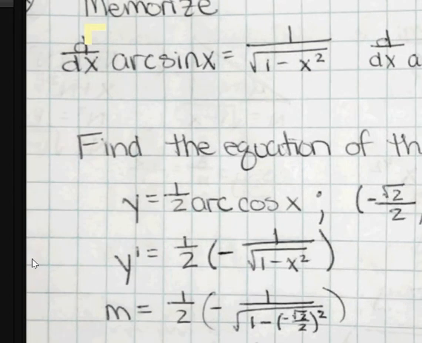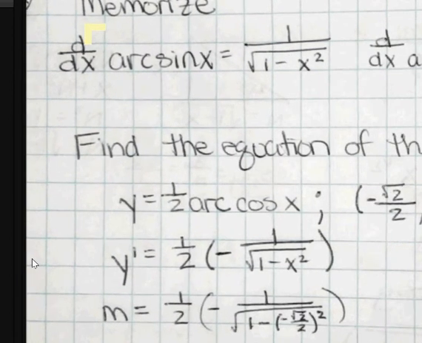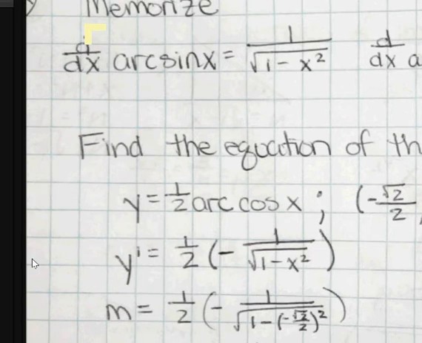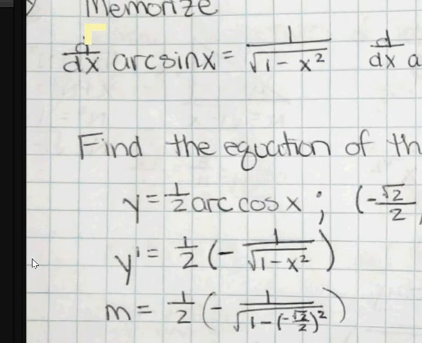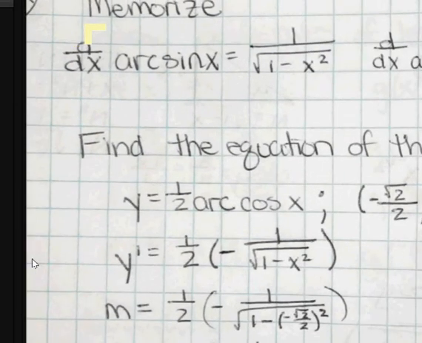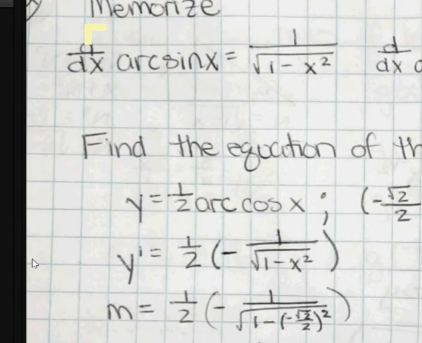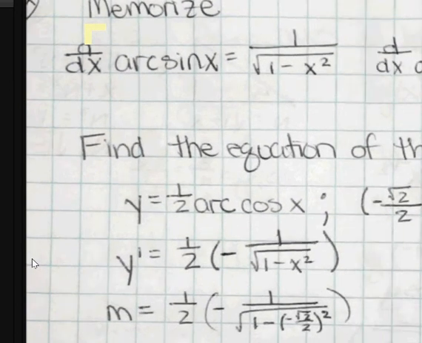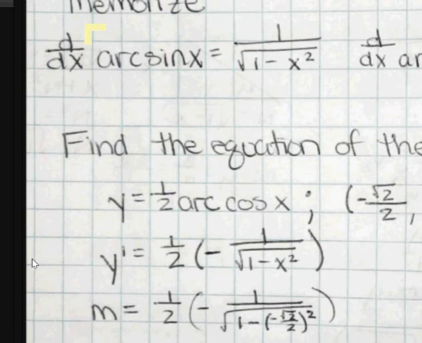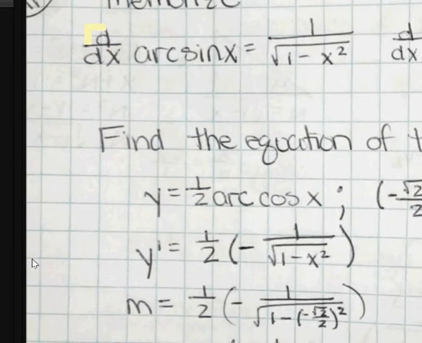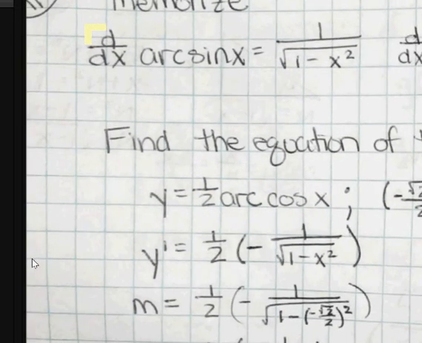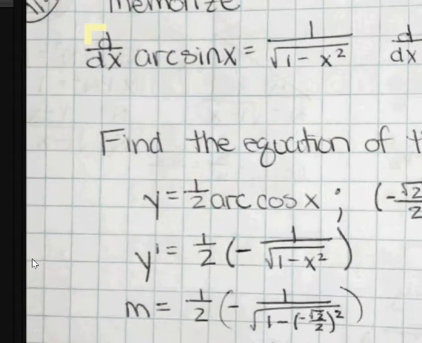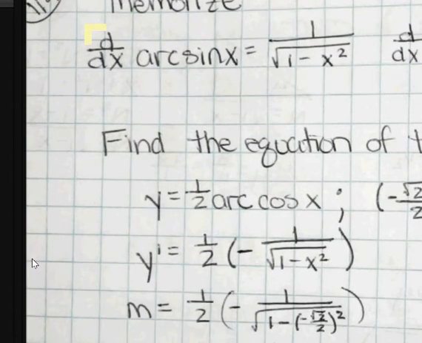If I look at this, what's the square root of 1? 1 all over square root of 2, but I have a fraction on top of a fraction, right? So this is really equal to 1/2 times negative rad 2. And therefore your slope is negative radical 2 over 2, which is kind of our x value that we even started with.